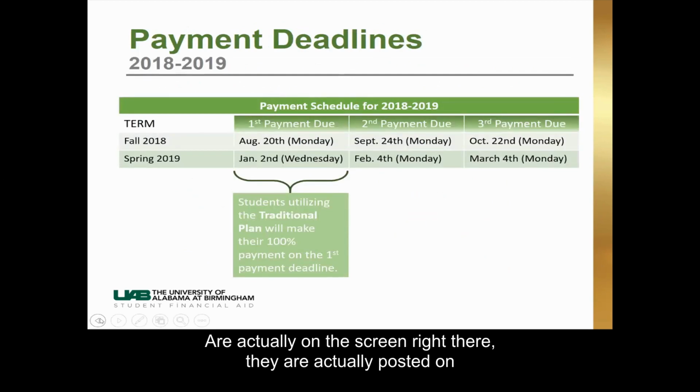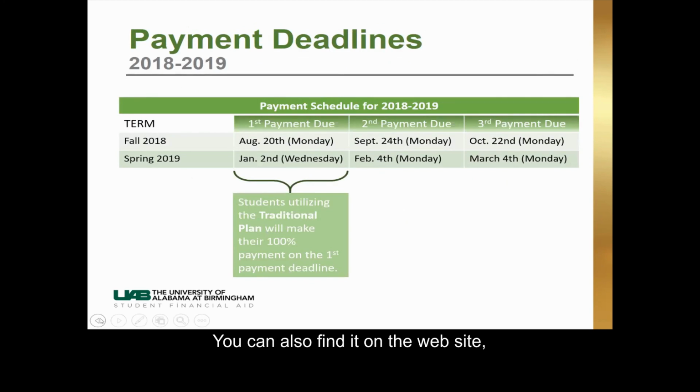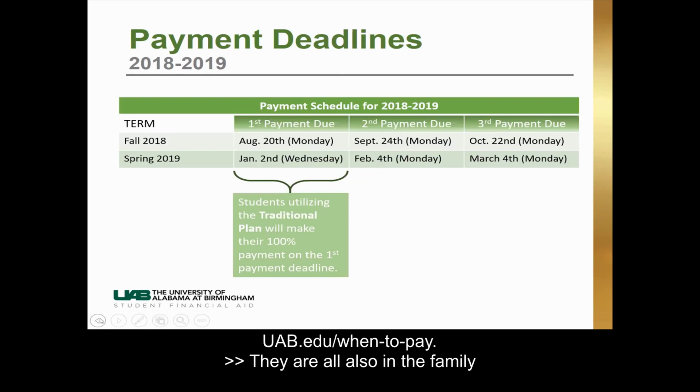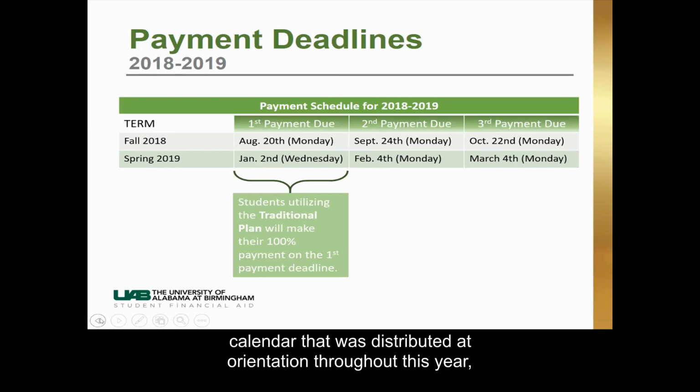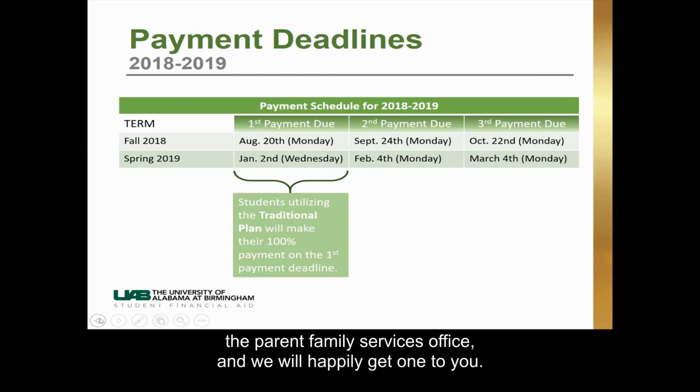They are posted on the academic calendar, uab.edu/academic calendar. You can also find it on the website uab.edu/when to pay. They're all also in the family calendar that was distributed at orientation throughout this year. If you did not get a family calendar, please feel free to contact the Parent Family Services office and we'll happily get one to you.